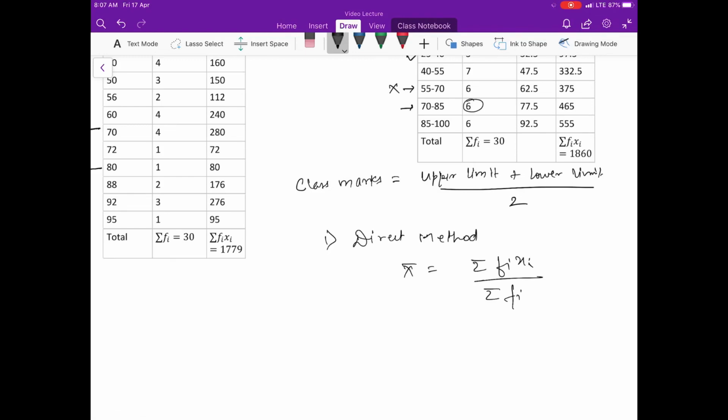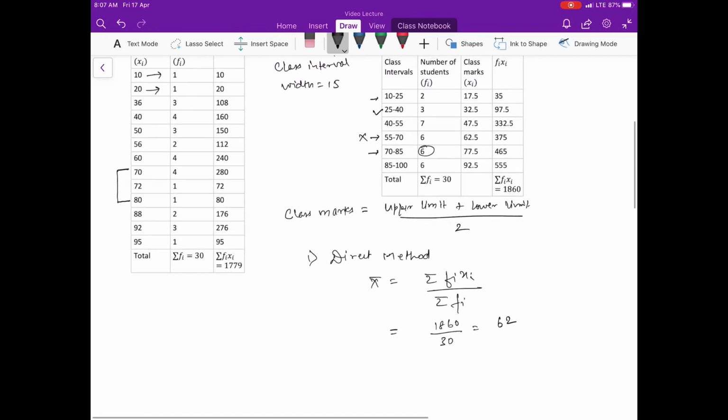So here you will get 1860 upon 30, that is nothing but 62. Here one question is: we are getting 62 here, and with ungrouped data we got sigma fi xi by sigma fi is equal to 59.3.